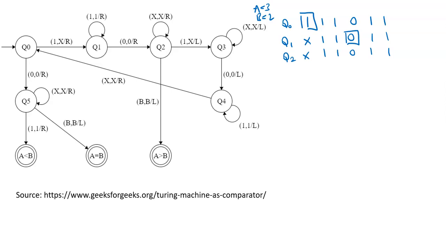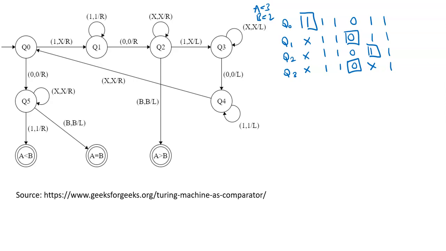So we're now in state 2, and we've moved to the right. We're going to turn that 1 into a cross. So we've got cross 1, 1, 0, cross, and we've moved to the left, putting us in state Q3.